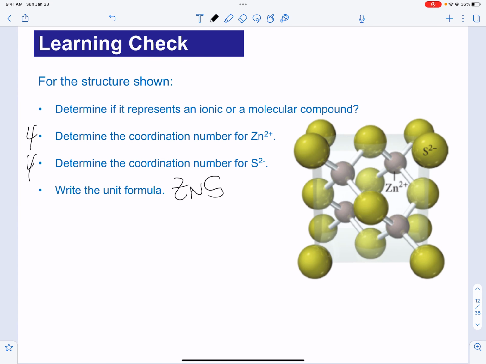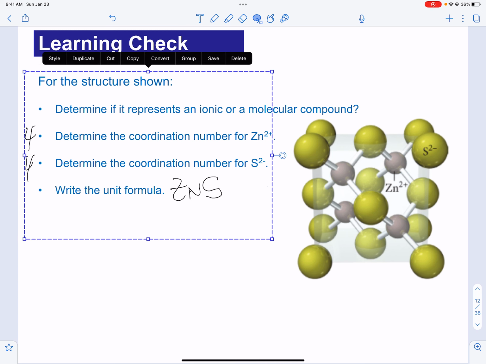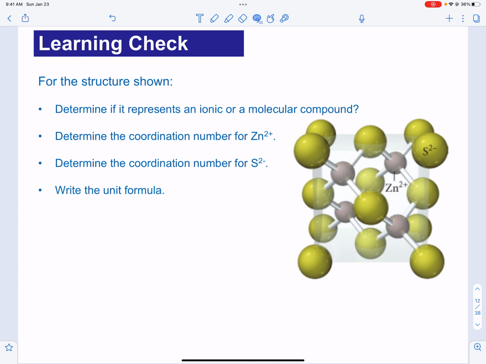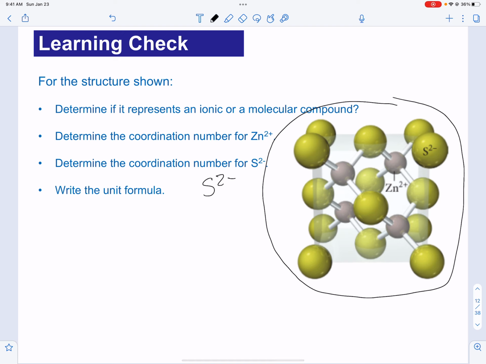Going back to this one here, another way to find the formula is by counting atoms. What do I mean by counting atoms? Well, let's count the sulfides. How many atoms of sulfide really belong to the unit cell?